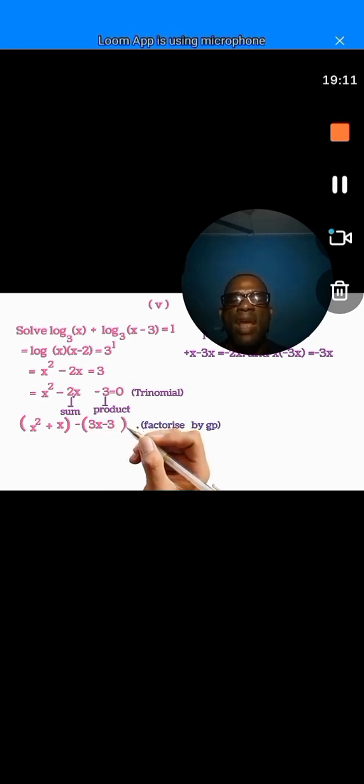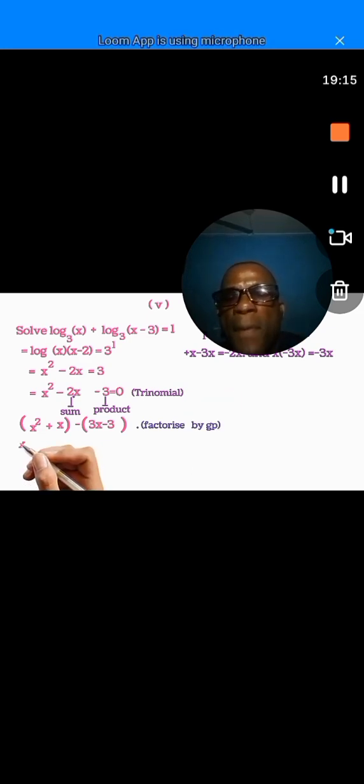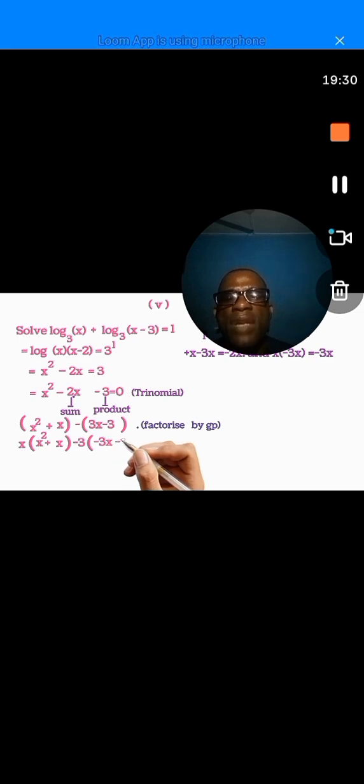So we factorize the first group, x squared plus x. x is common, so we bring it out. Then for the other one, minus 3 is common, bring it out.